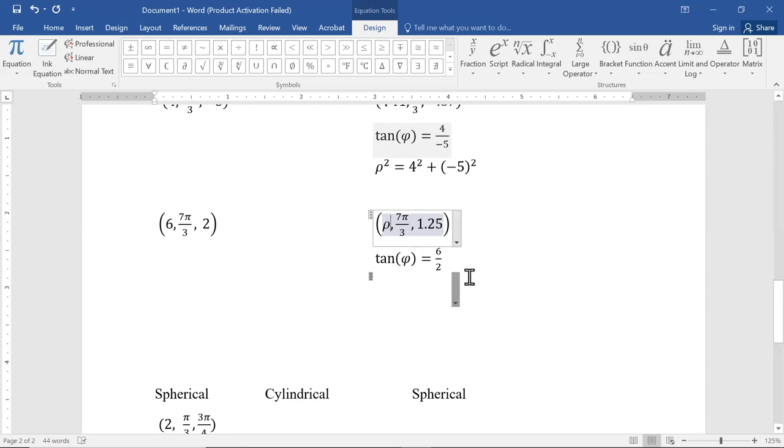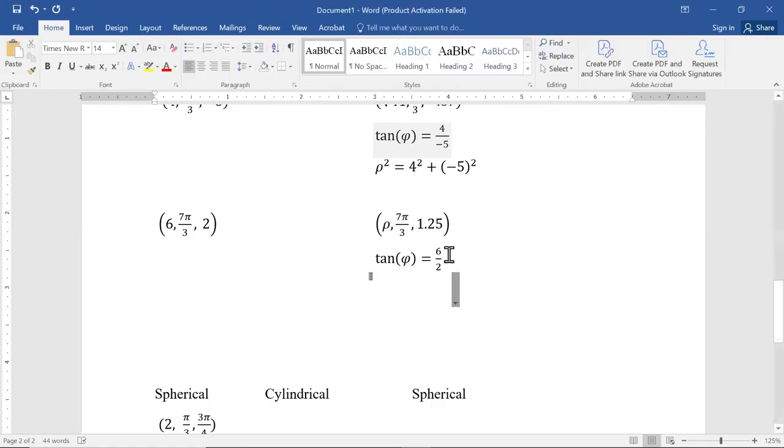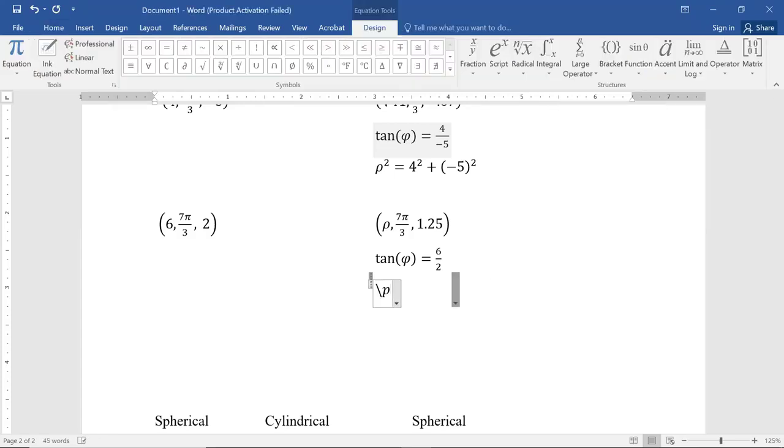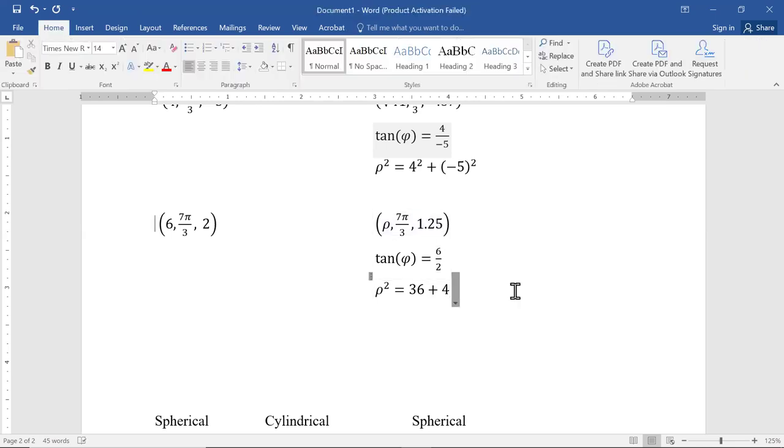And the rho is what we get when we take rho squared is equal to r squared plus z squared. R squared is 36. Z squared is 4. So rho in this case is going to be the square root of 40.